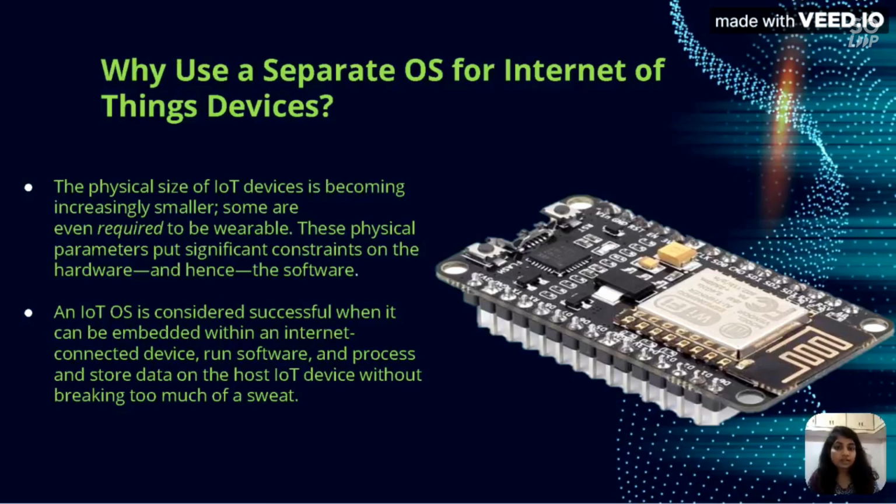Why do we need a separate operating system for IoT devices? The physical size of the IoT devices is becoming smaller day by day. Sometimes it must be variable also. So these physical parameters are making more significant constraints for the hardware as well as the software.